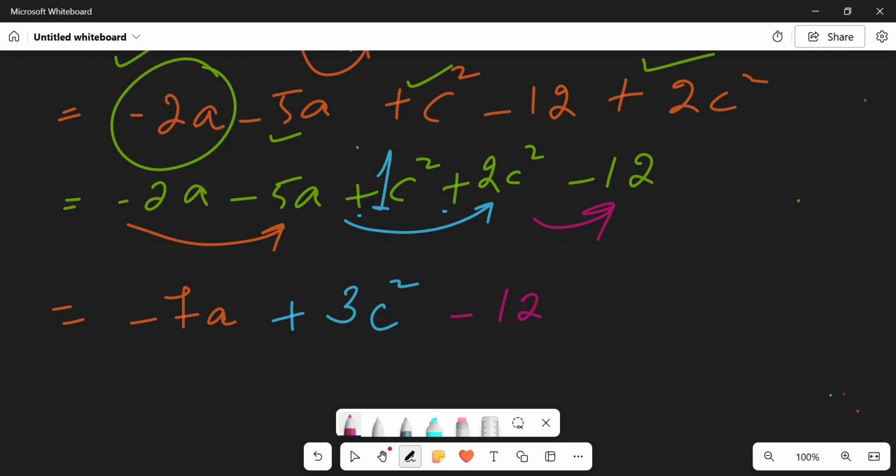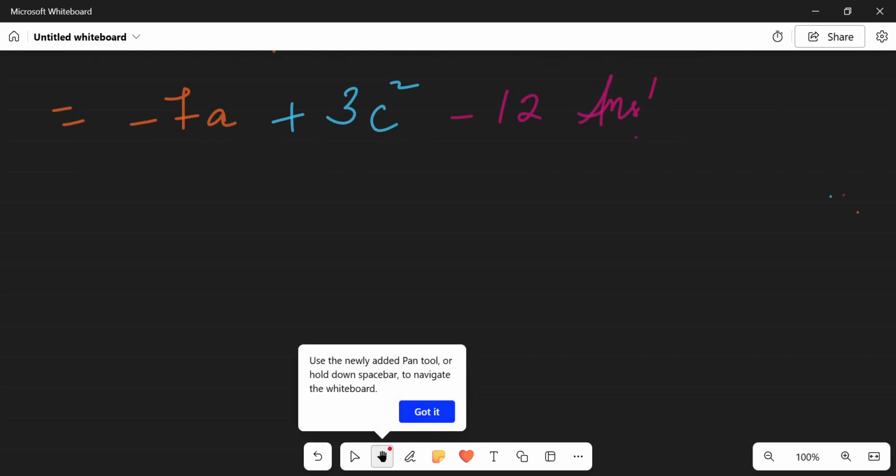We cannot solve further. Again, I'm repeating that like terms are very, very important in basic algebra, simplification of addition and subtraction, right? So this is the answer. Okay, intermediate level we have done.